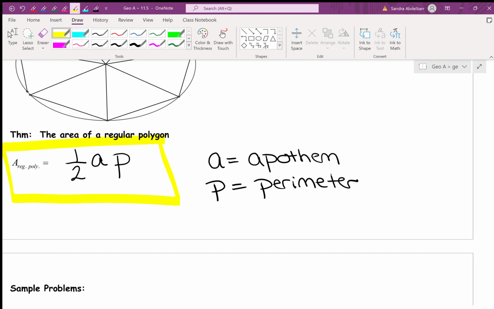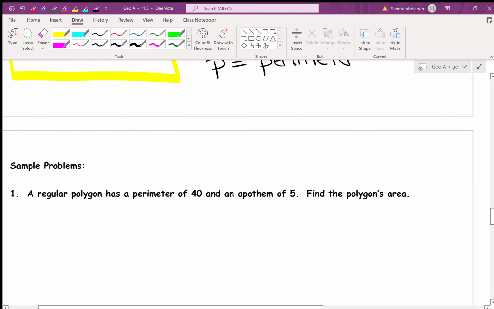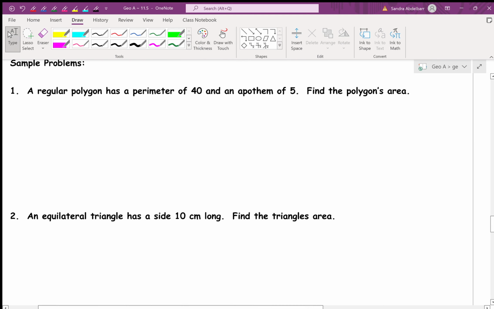Are we ready to do some sample problems now? All right, so it says a regular polygon has a perimeter of 40 and an apothem of 5. Find the polygon's area. Well, we just learned a formula to find the area of a regular polygon. The area will equal half the apothem times the perimeter. Well, they're telling us the apothem is 5 and the perimeter is 40.